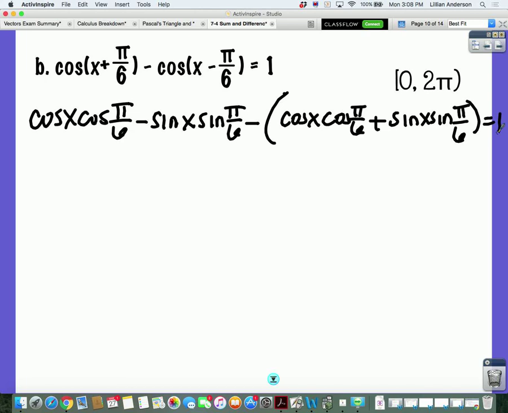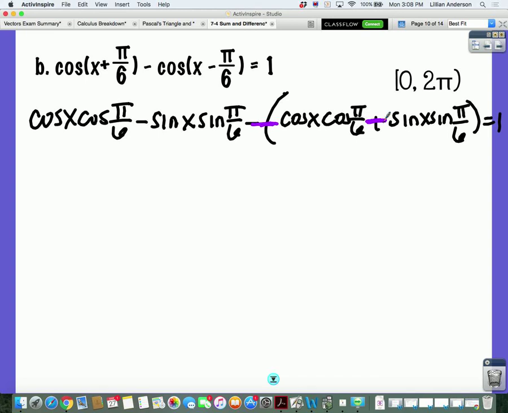Now, I mentioned it before, but you have to be careful because there's a minus here. You have to make sure that you're subtracting the whole second expansion, which means that you need to carry this negative over. So this will end up being a minus cosine x, cosine power 6, and this ends up becoming a minus as well.